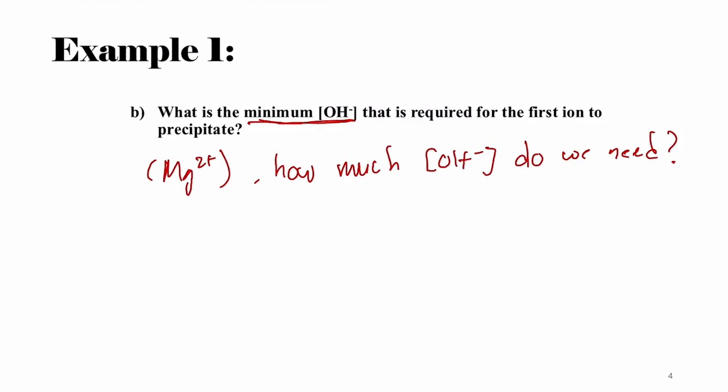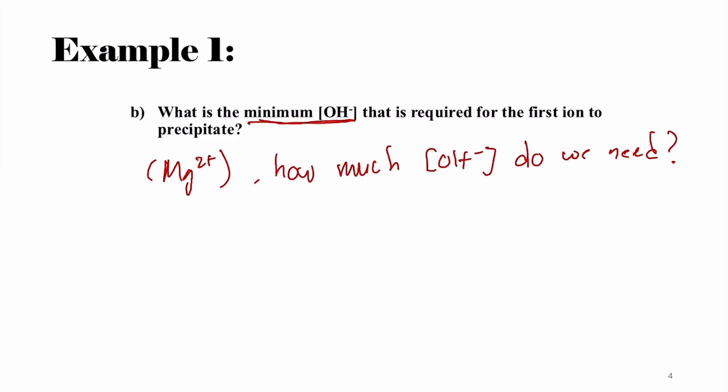You're not going to precipitate stuff out of the solution. You have the maximum amount dissolved in that solution. So the minimum amount of OH required is how much OH minus is needed to reach equilibrium. And how do we know how much OH minus is needed at equilibrium? If we're given the solubility product, that tells us for a given amount of magnesium how much OH minus is needed.